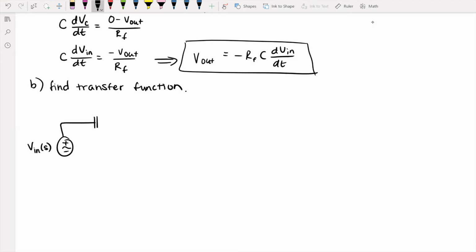Since we know that there was no initial energy stored, there's no voltage source right next to the capacitor. So this is going to be 1 over SC, regular op amp. This still remains RF, because a resistor is simply a resistor.